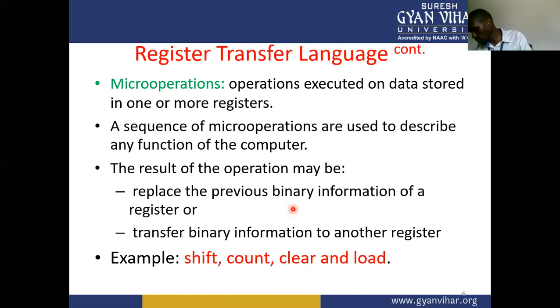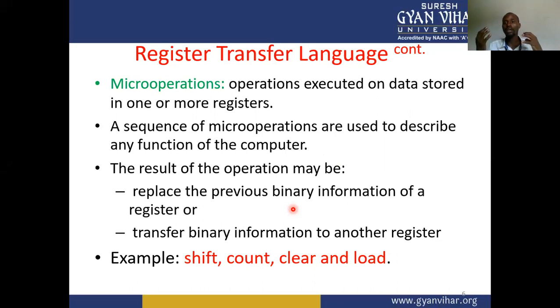Having said that, what we are going to look at next is to understand what types of micro operations there are, which ones they are, and what they help with in regard to data stored in the registers. Whenever we apply these micro operations, the output is, one, replace previously stored binary information in a register.